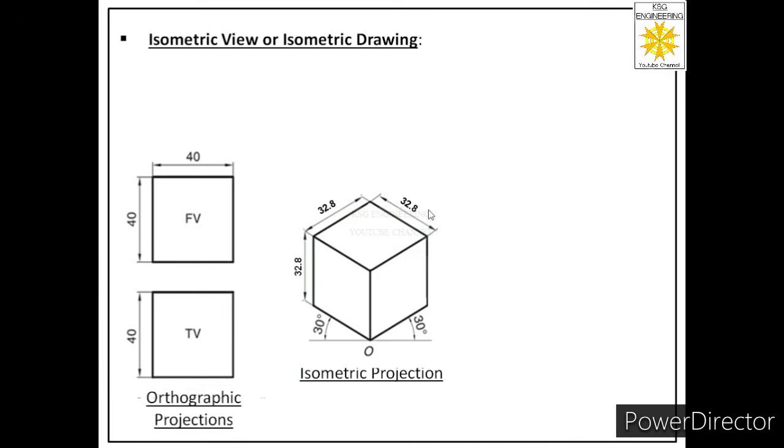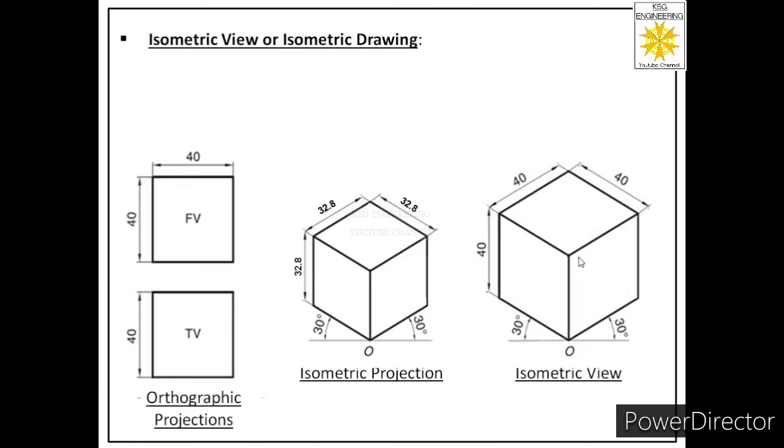mm. But if I have to draw isometric view of this cube, then I will follow all the fundamentals of isometric projections, but while drawing these edges, we will not reduce their length, we will use actual length. So that view will be called isometric view or isometric drawing of the cube.